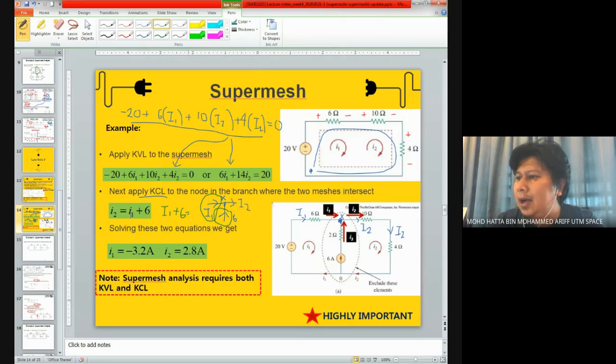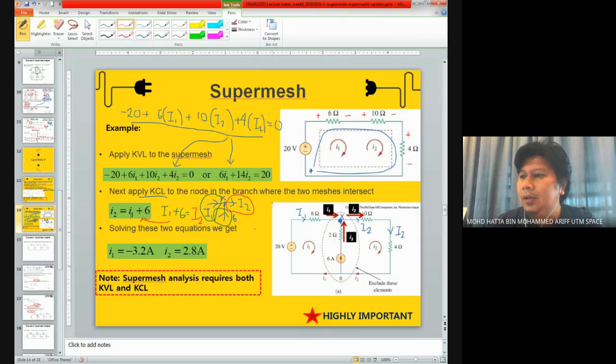And current out is I2. So that's how you get this equation: I2 equals I1 plus 6 ampere.